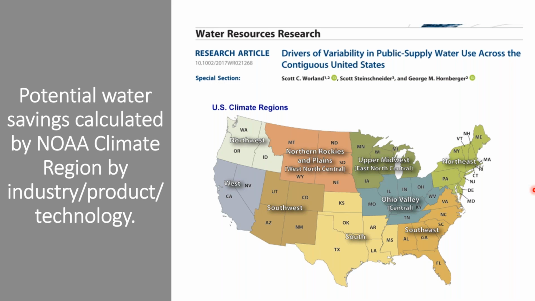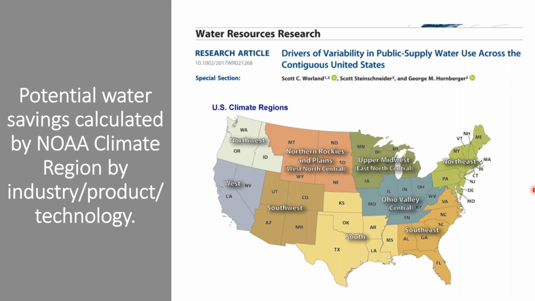And so we used the NOAA climate regions, and we came to that decision based off the paper that I show, a snippet there at the top, that was published in 2017, I believe. That looked at public water supply, and they looked at the major factors that are driving public water supply within the United States. And so they found several things, but one of the major drivers that kept coming up over and over again was climate. And so we chose that one to delineate our different areas.